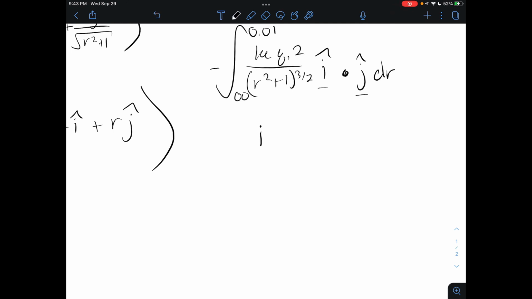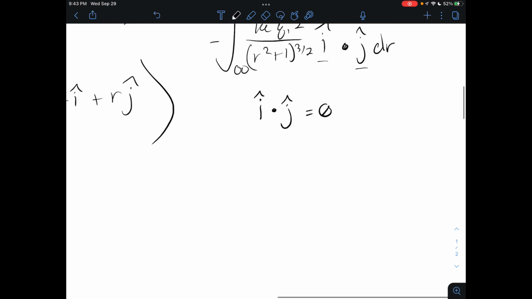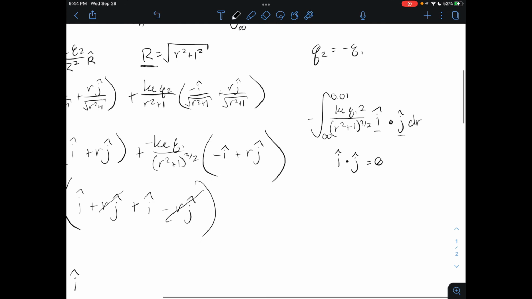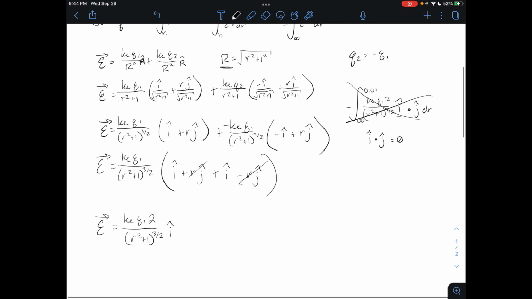So if you do i hat dot j hat, it's just going to equal 0. So this entire thing, all multiplied together, is just going to go to 0. That's your final answer: 0.